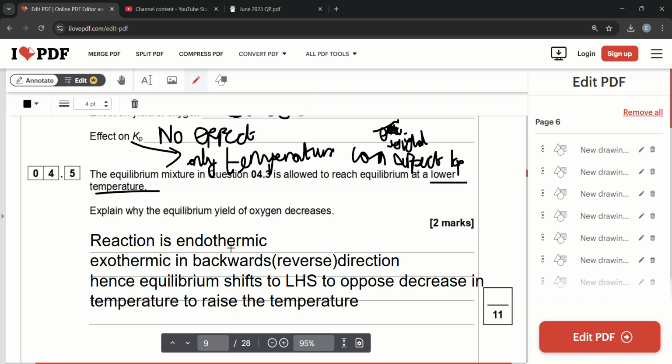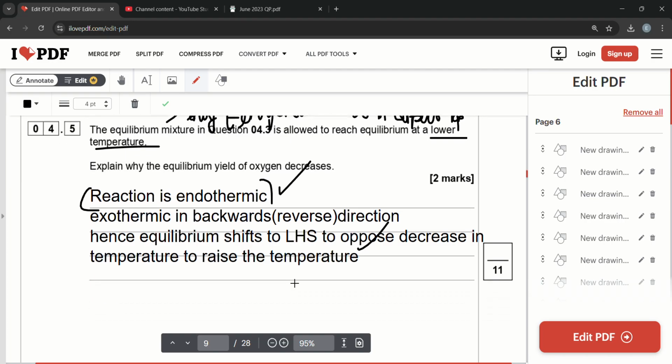And that is how you'd explain it. But this bit is what you really need: reaction endothermic, hence equilibrium shifts to left hand side to oppose a decrease in temperature, hence to raise the temperature. That is the end of question 4.